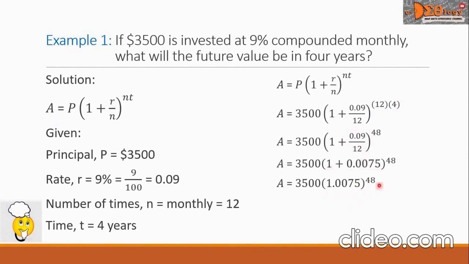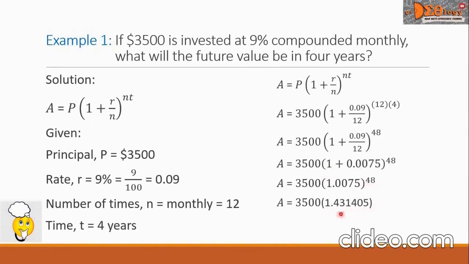Using our calculator, let us simplify this expression, 1.0075 raised to power 48, and the value is 1.431405.